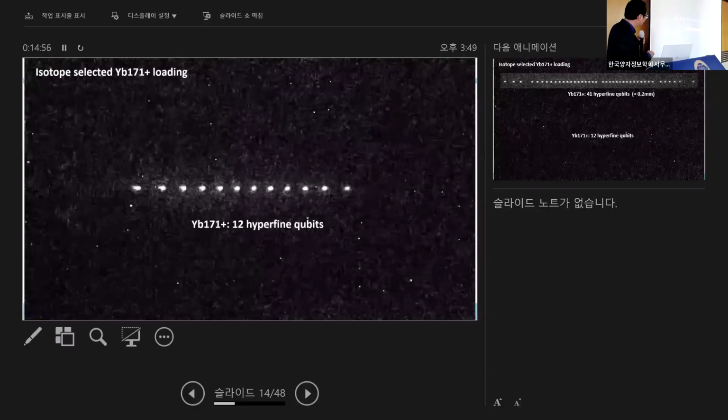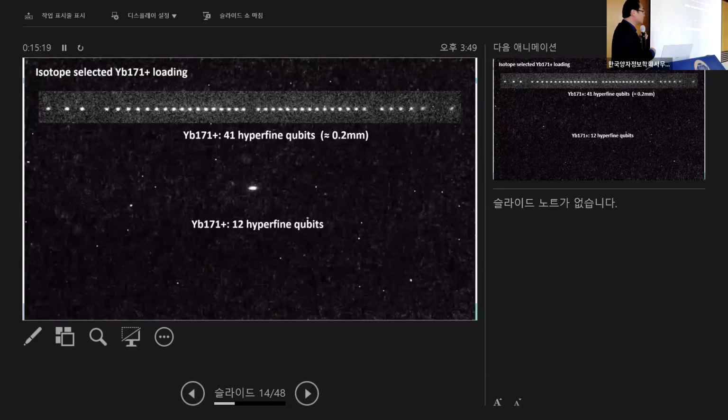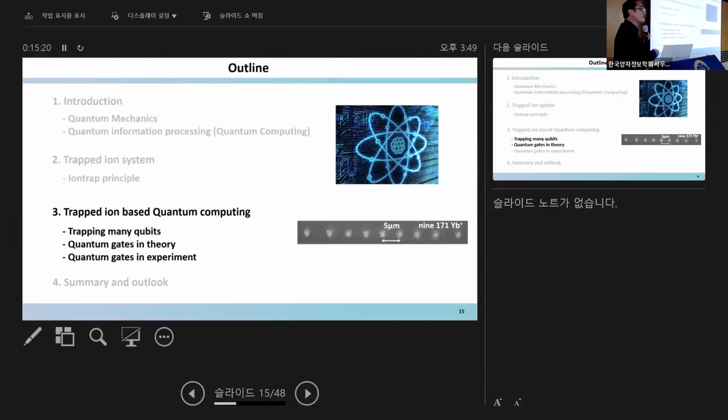And this is 12 qubits, and we've recently been doing 40 qubits here. And you see there's some empty zone, which is a different isotope. There's a charged atom out there, but it's just a different isotope. The frequency is different, so it doesn't emit light. But still we can use this one for quantum computing as well. That's no problem.